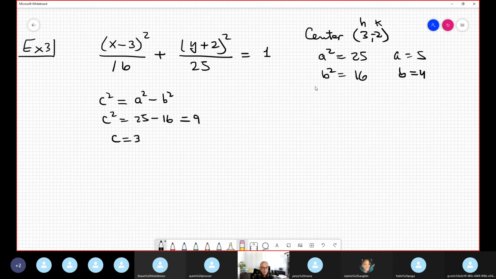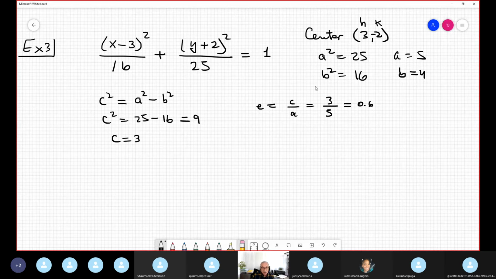Now, the eccentricity by curiosity is c divided by a. C is 3. A is 5. And decimal is 0.6. It's flat, but not too much.